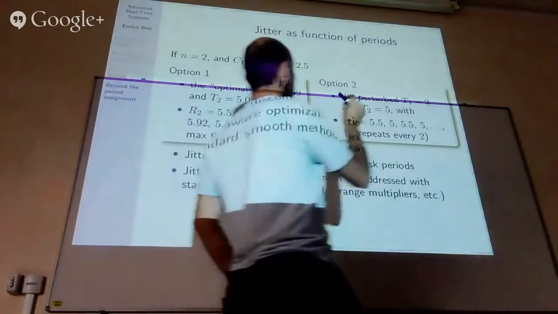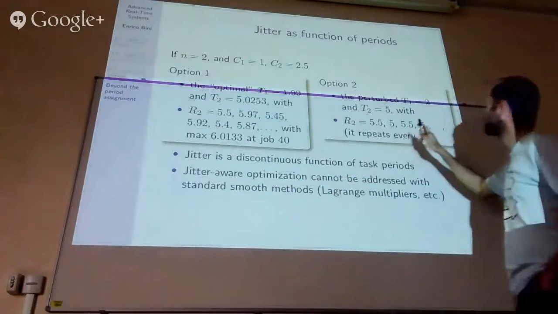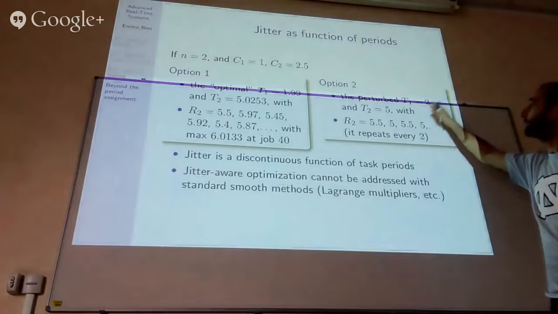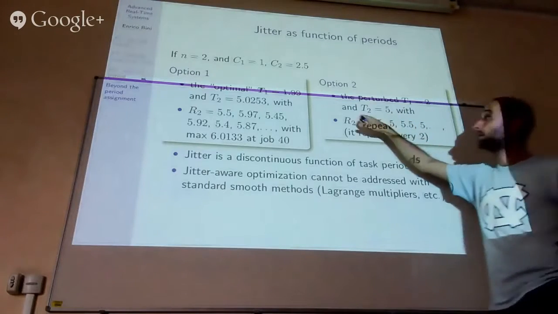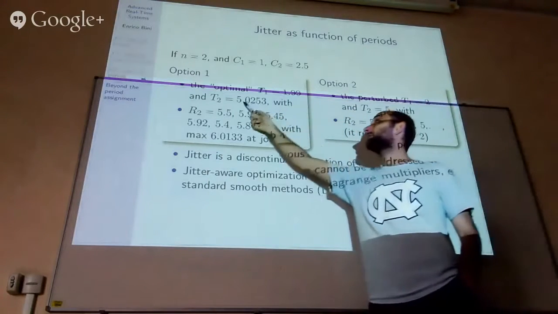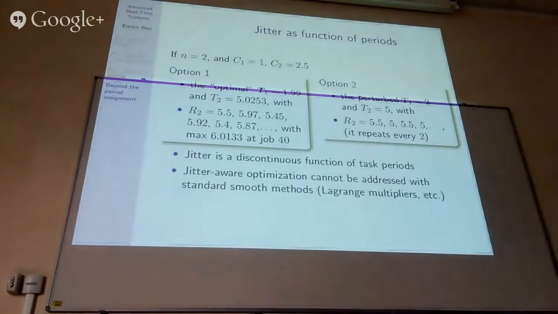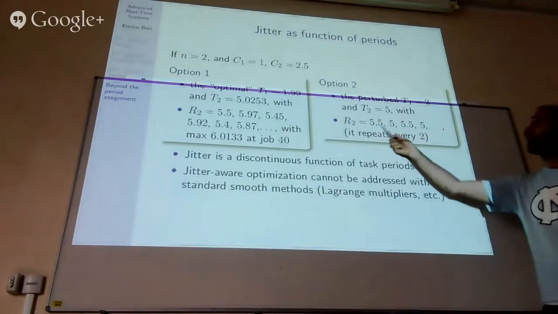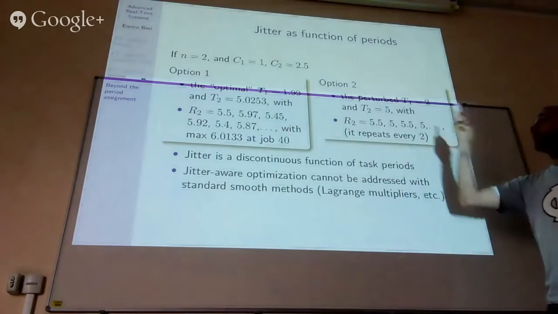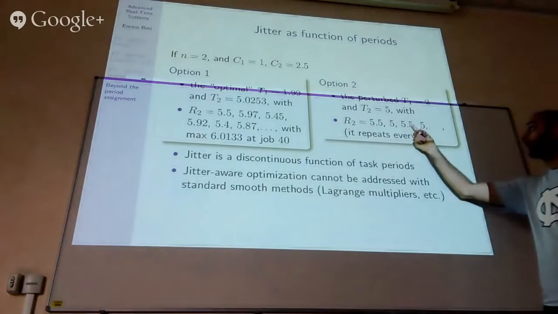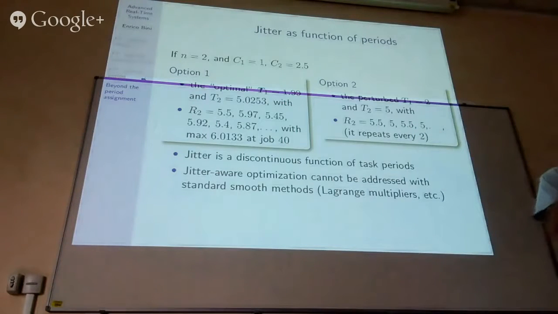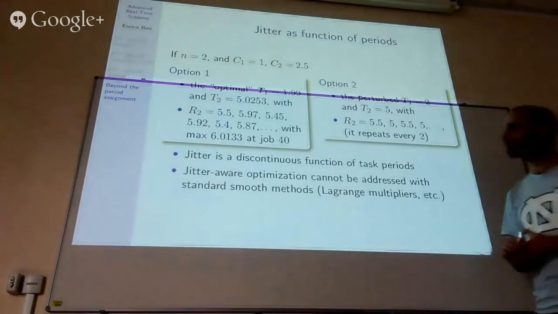However, if you make just a small perturbation of the periods, let's say 2 and 5, while it was 1.99 and 5.0, so a very, very small perturbation of the task periods, the pattern of response time that you get is very simple: 5.5, 5, 5.5, 5, which repeats every 2. So it's extremely simple.